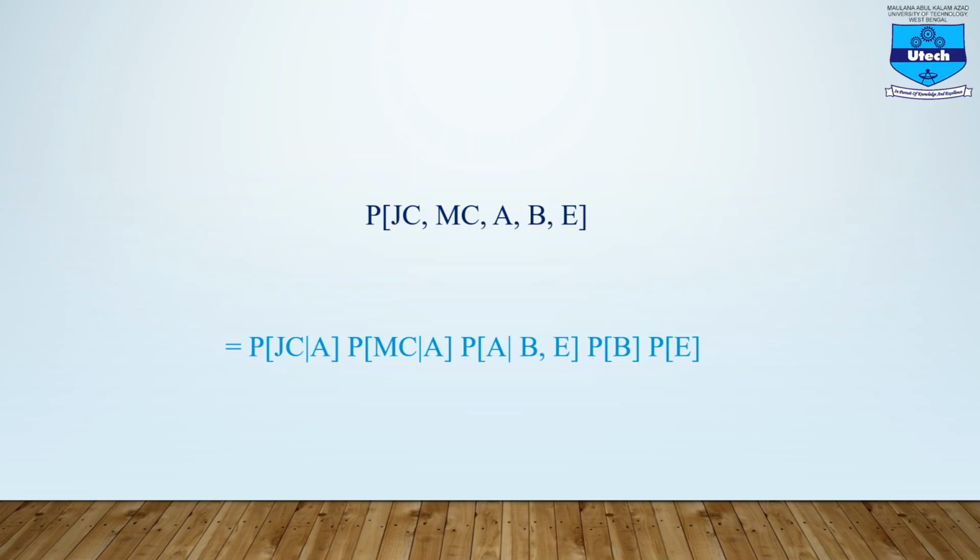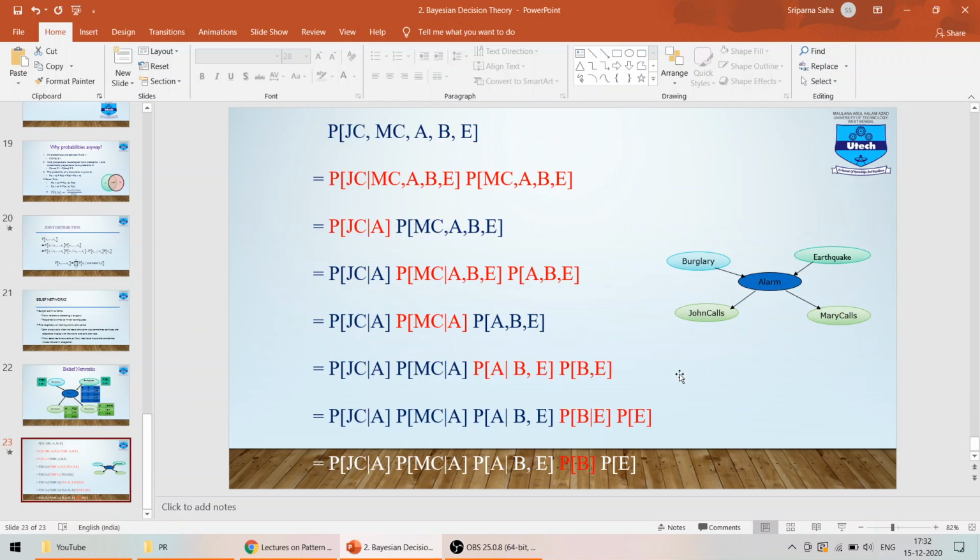Now the values are already given, so you can just put in the values and calculate. This is how you can calculate the probability values using the belief network. I hope you have liked this video and happy studying.